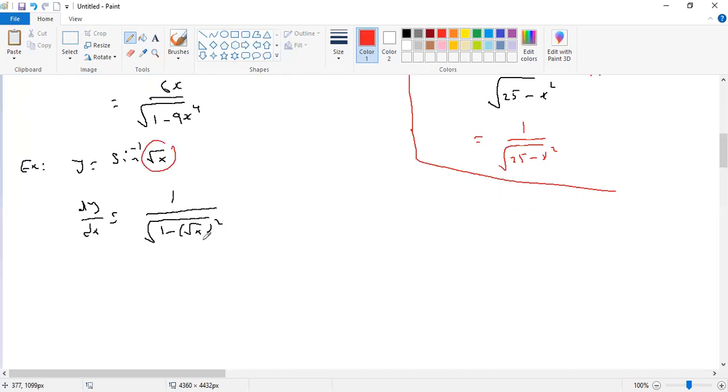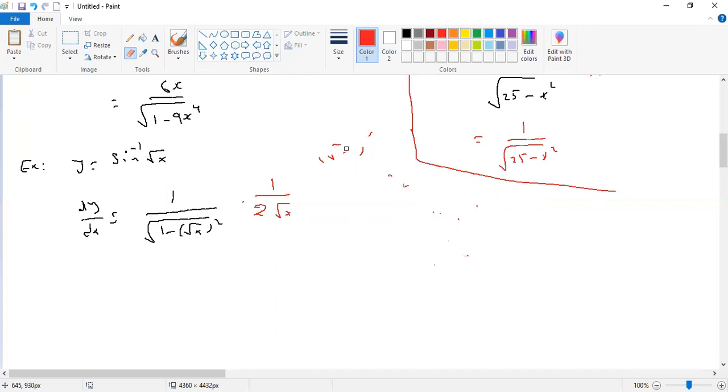So 1 minus u squared, times the derivative of the square root of x. The derivative is 1 over 2 radical x. Why? Because this means x to the power half, and the derivative is half times x to the negative half, which you can write as 1 over 2 times the square root of x. So this will be the answer here.